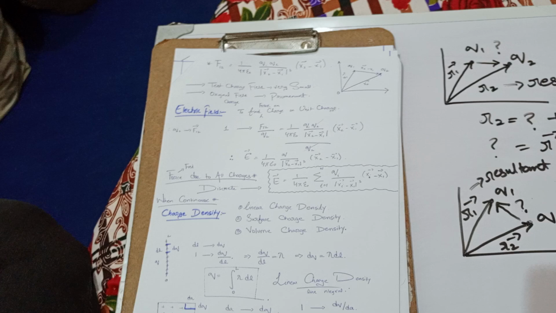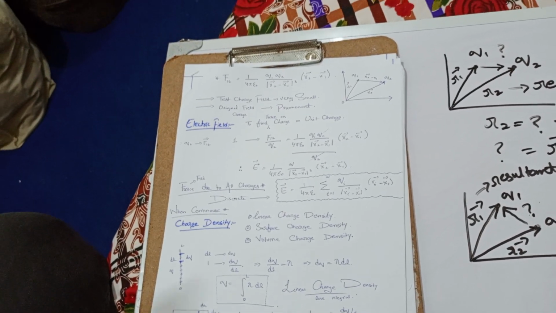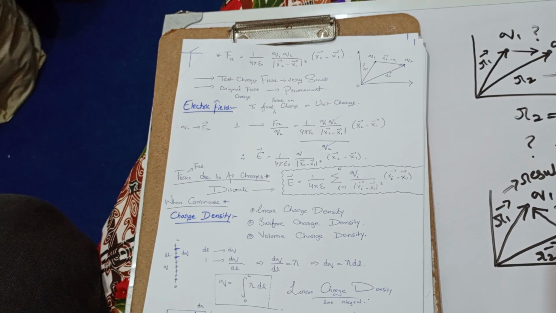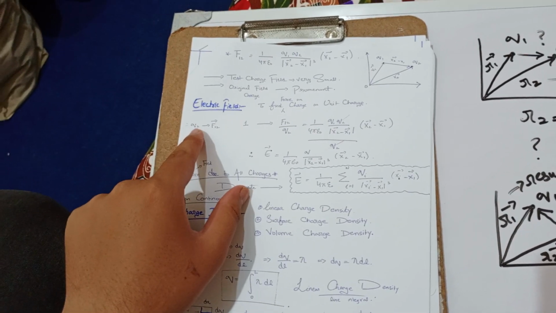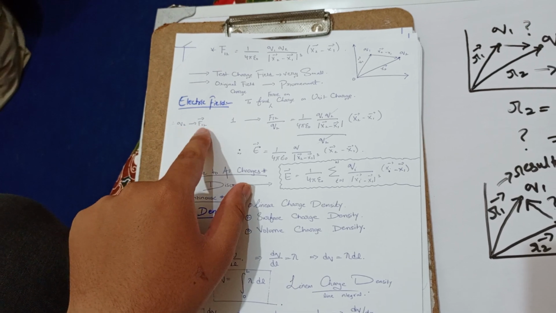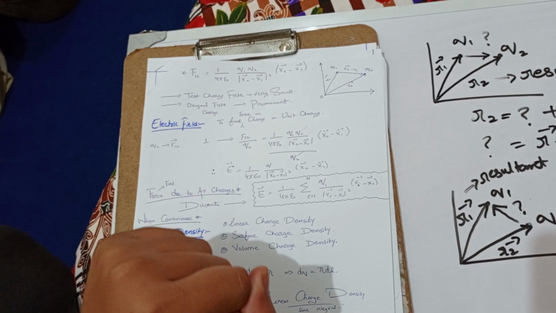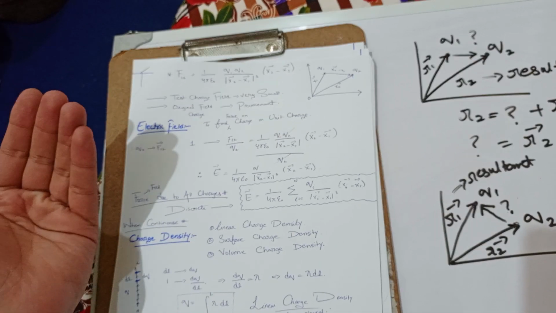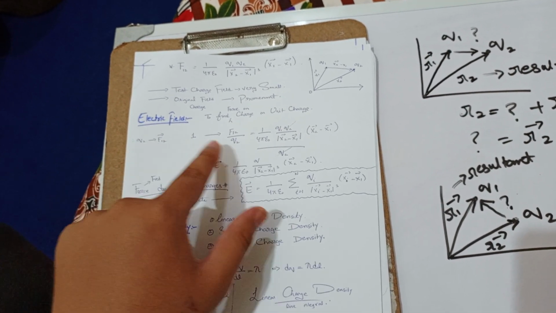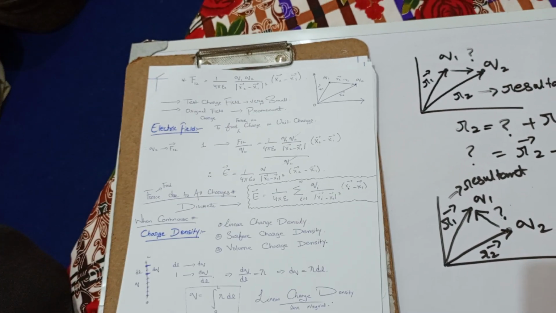Now the next concept is the electric field. Quite simple. The force on a unit charge is called the electric field. By charge Q2, the force experienced is F12. If you want to find the force per unit charge, Q2 goes downside, so it becomes F12 by Q2.